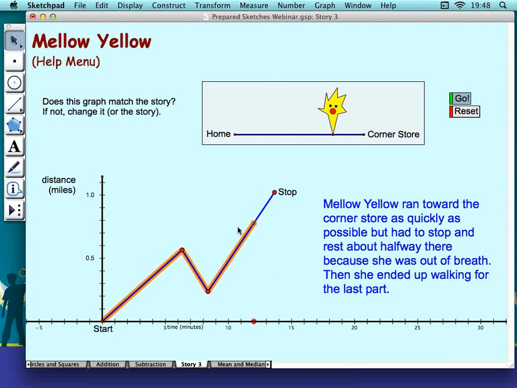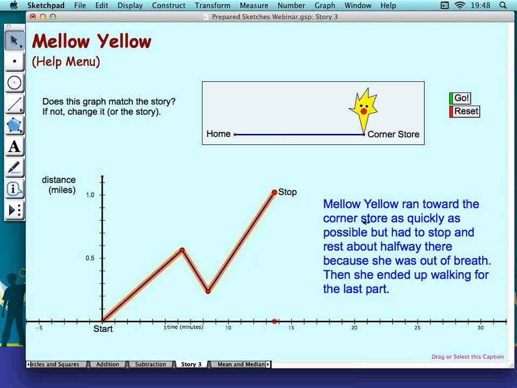So this is a nice way of showing simultaneously both these representations and noticing, for instance, the aspect of it that often gets students confused, that when the slope is negative, that means that Mellow Yellow is going backwards. Not that she's going down a hill, but that she's going backwards.